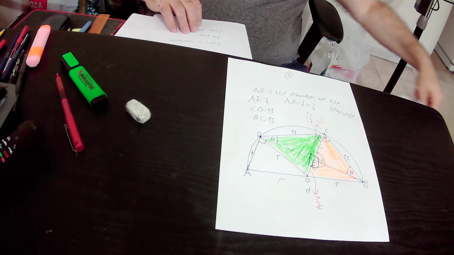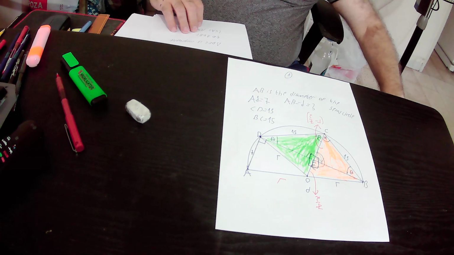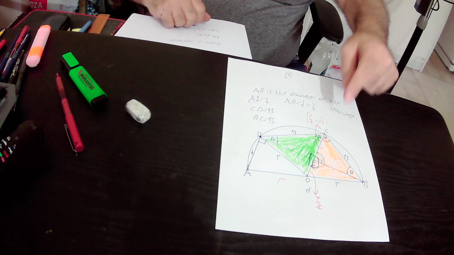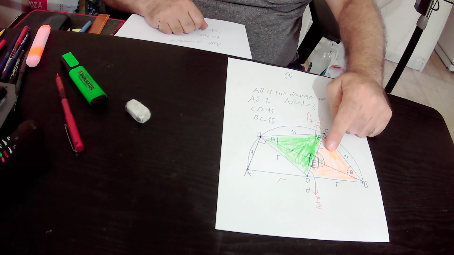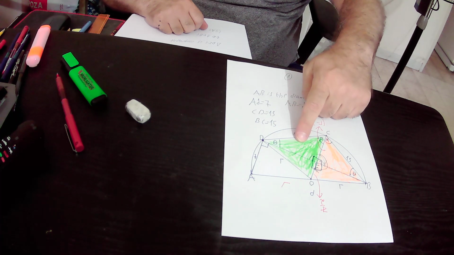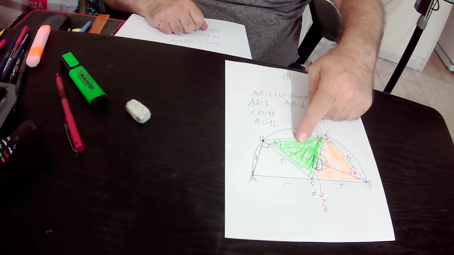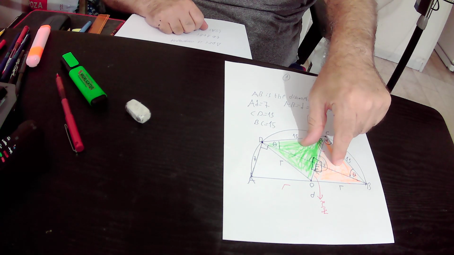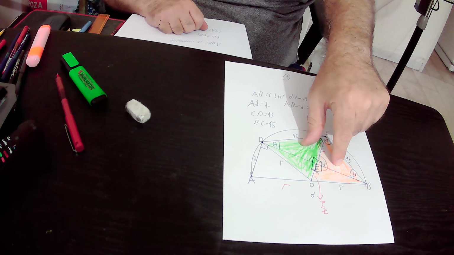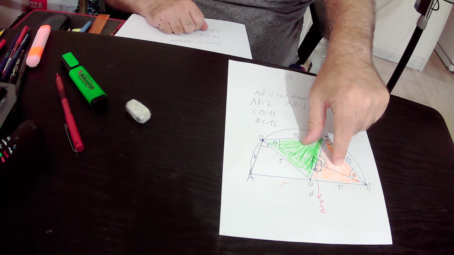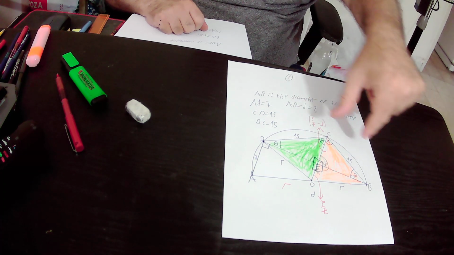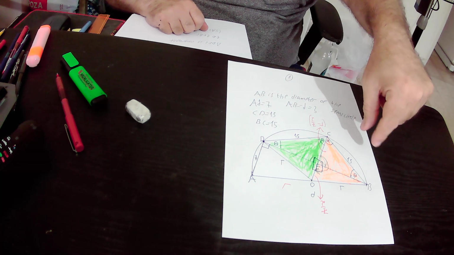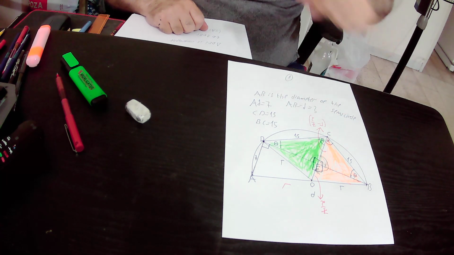Okay, and then we focused on triangle ECD and on triangle ECB. On those two triangles, we know that DC equals CB. Both of those sides are equal to 15 units.